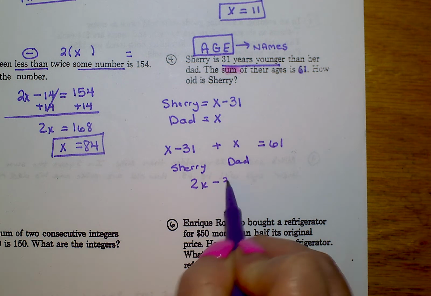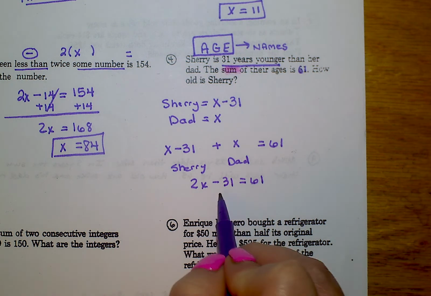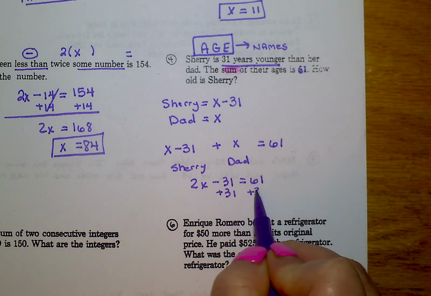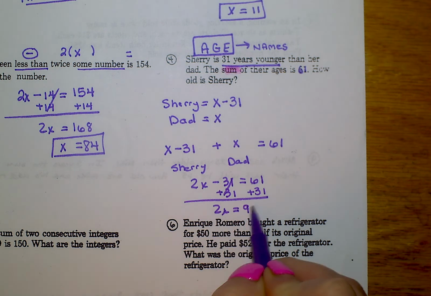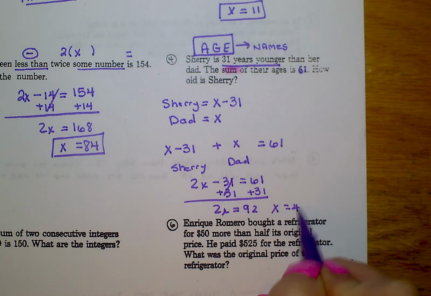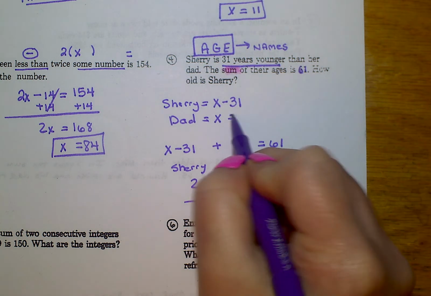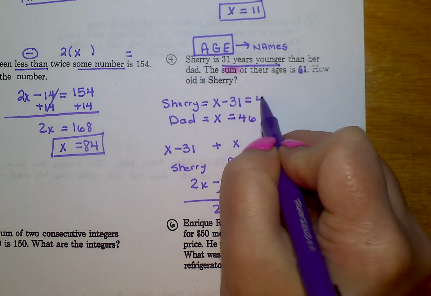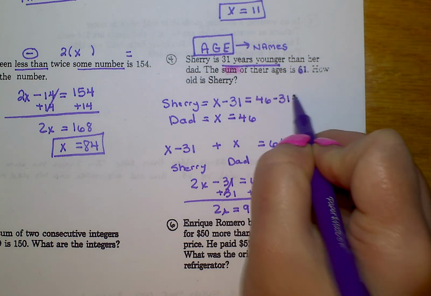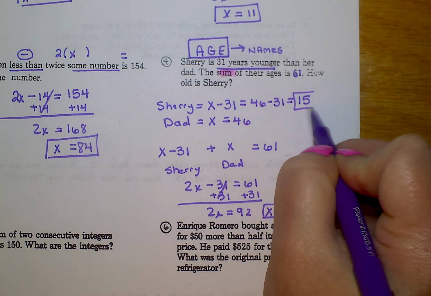So then I would have 2x minus 31 equals 61. Add 31. 2x equals 92. So x would be 46. So the dad's age is 46 years old. So I would put 46 minus 31 to get Sherry's age. And Sherry would be 15.